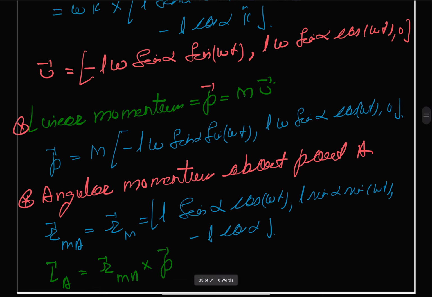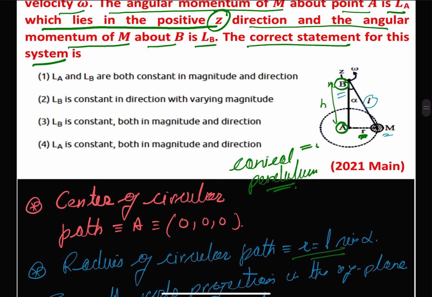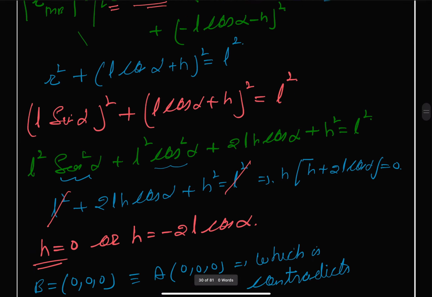Yes, so we come to the first option. Our LA is constant, but LB is not constant, so option A is wrong. And LB is constant in direction, this is also wrong. LB is constant, this is also wrong. So only option 4 is correct.